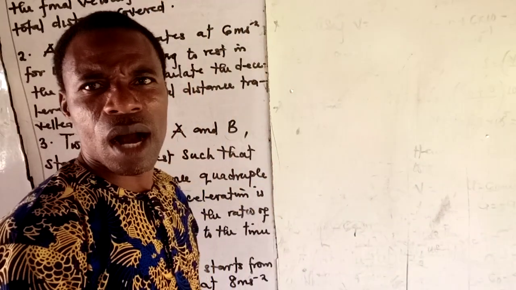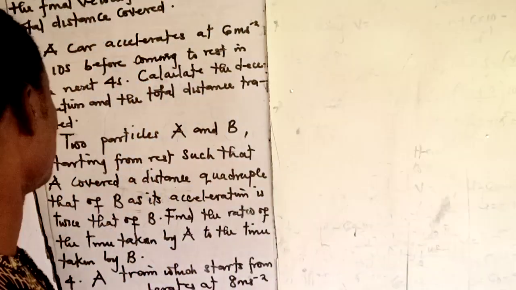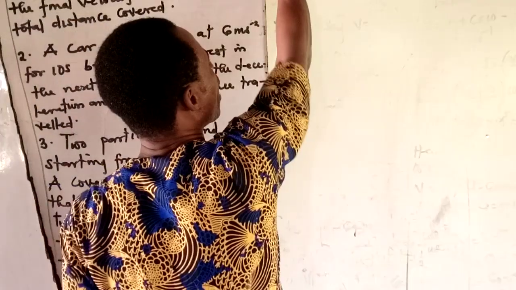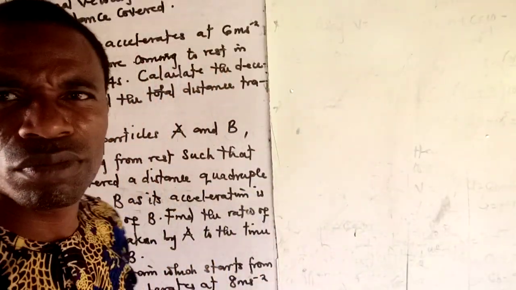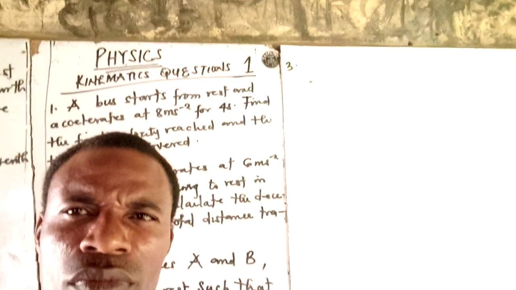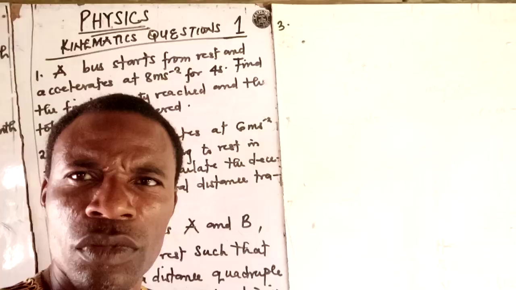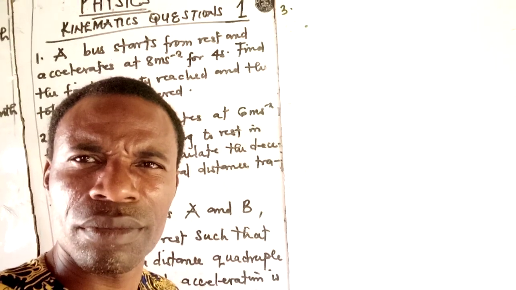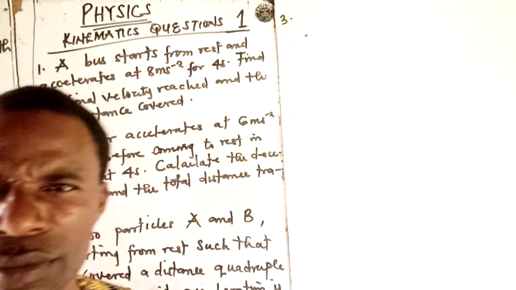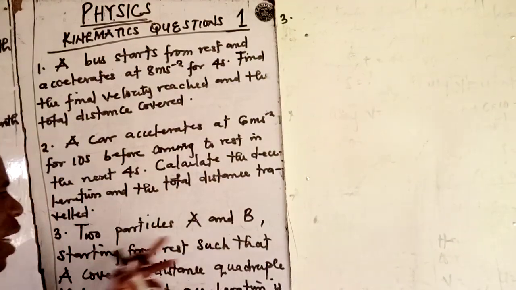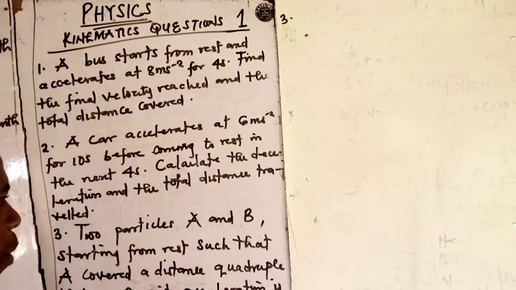Now, we go to question 3. Two particles, A and B, starting from rest.